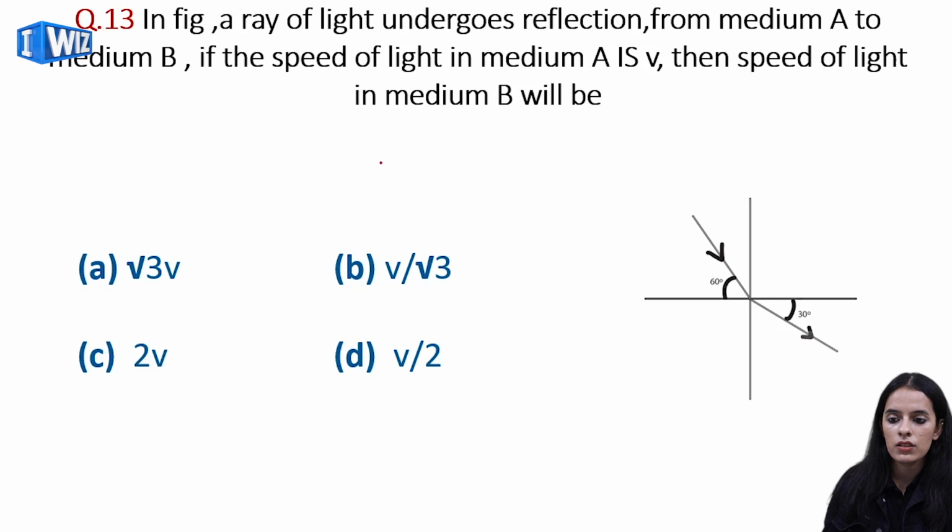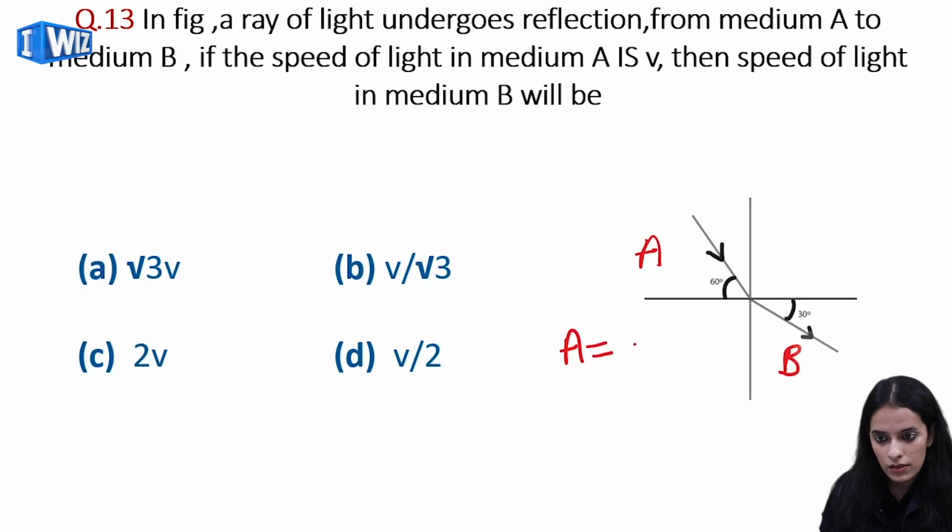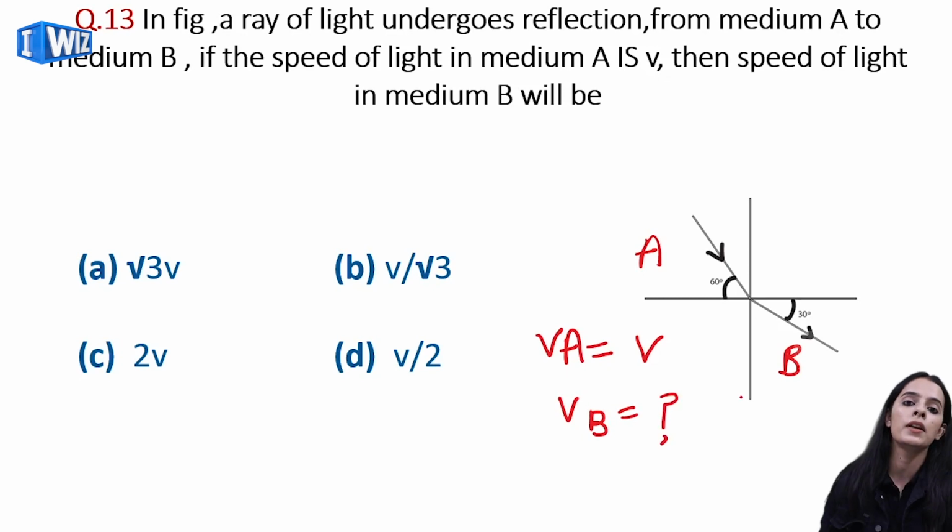A ray of light undergoes refraction from medium A to medium B. If the speed of light in medium A is v, and the speed of light in medium B is unknown, then we have to find the speed of light in medium B. According to the third law of refraction, refraction means bending of light.